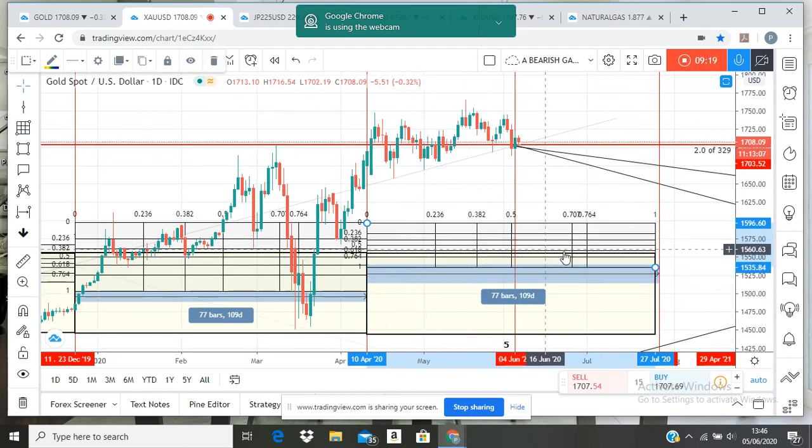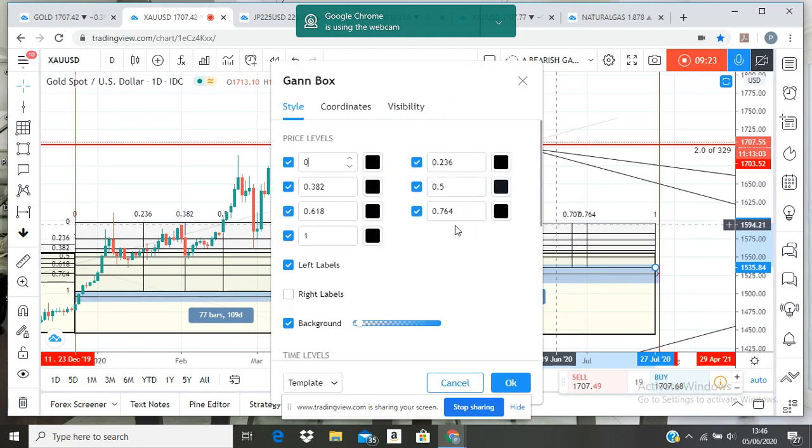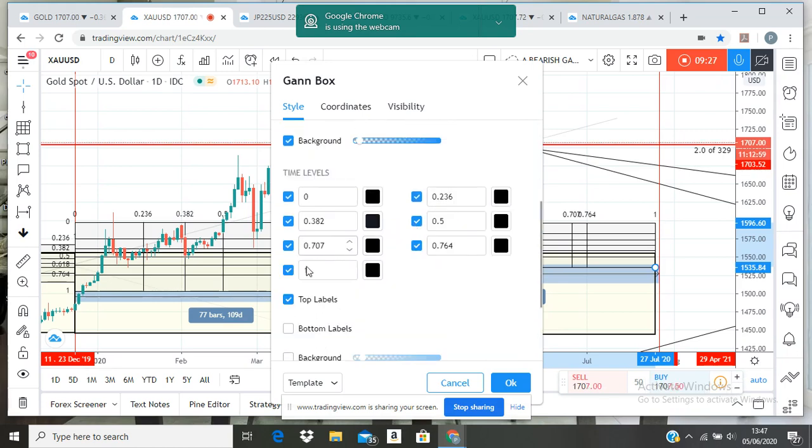Yes. Now we will bring back our 0.618 level in that square. So we bring back 0.618.